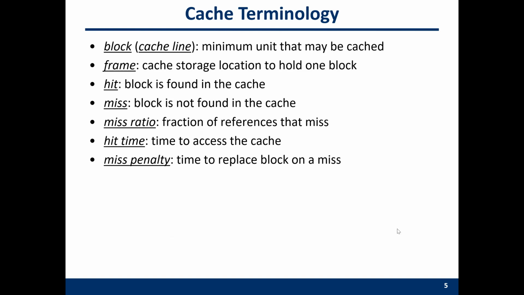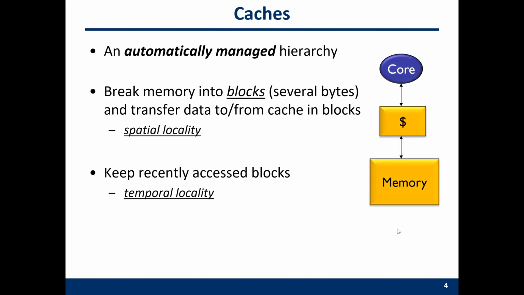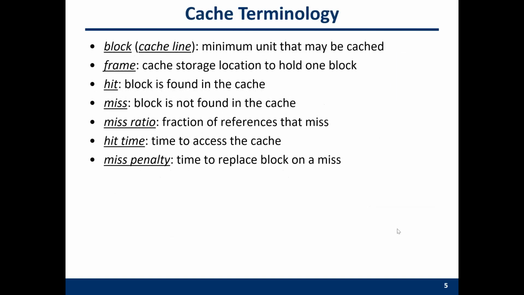Miss penalty means if you have a miss, how many cycles you need to read your data from the DRAM to the cache. So the latency from here to here is called the miss penalty. And the latency from here to here is called the hit time.